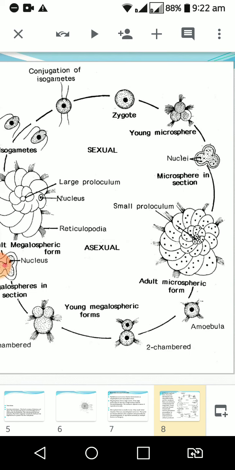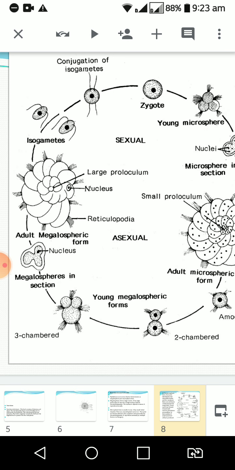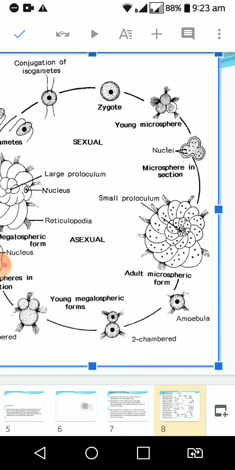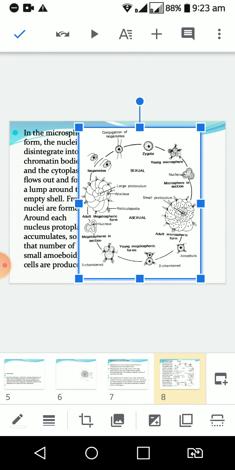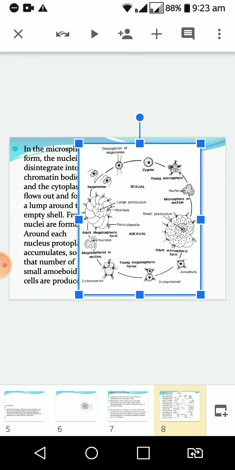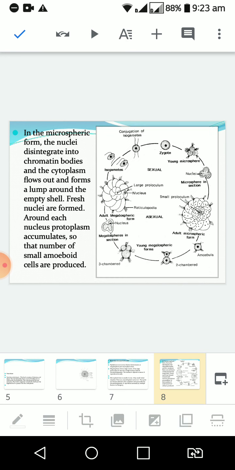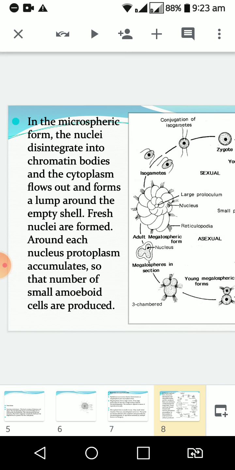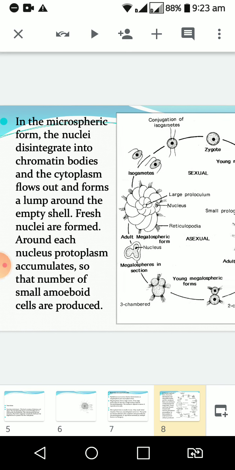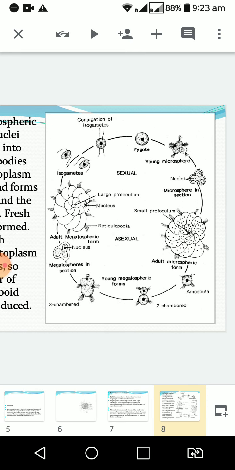So here many amoeboid cells are formed. The small amoeboid cells are formed in this.